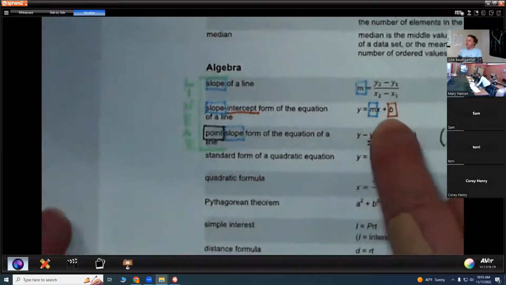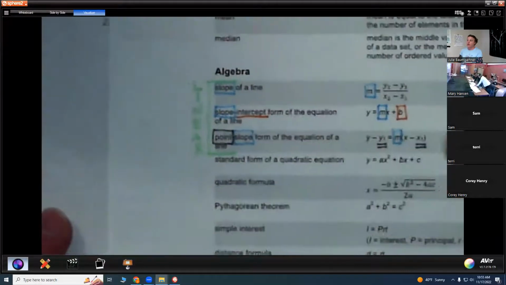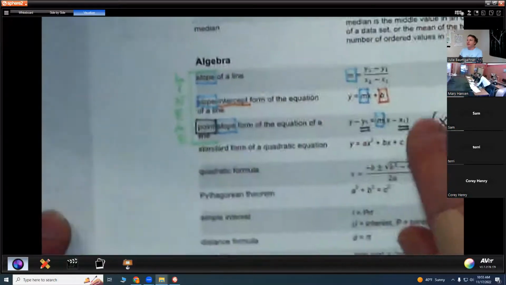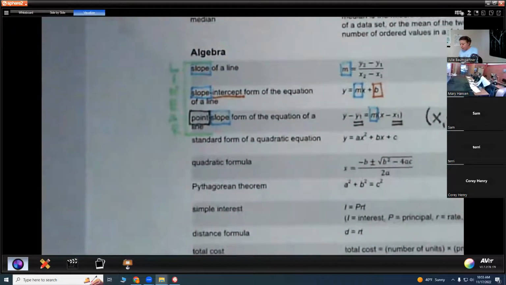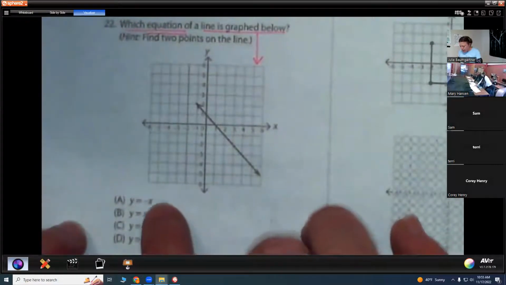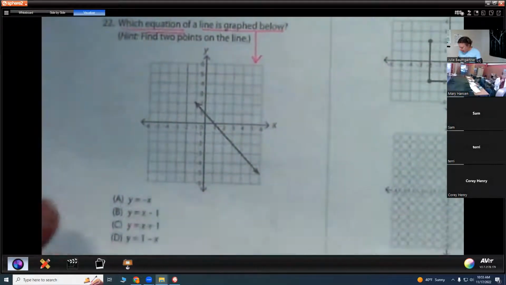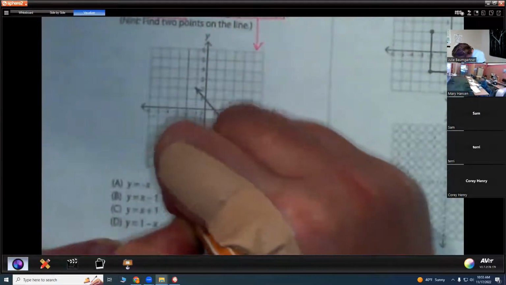So the trick here, especially when you have your picture, is to look at your B, okay? So we look at the B values in our choices.